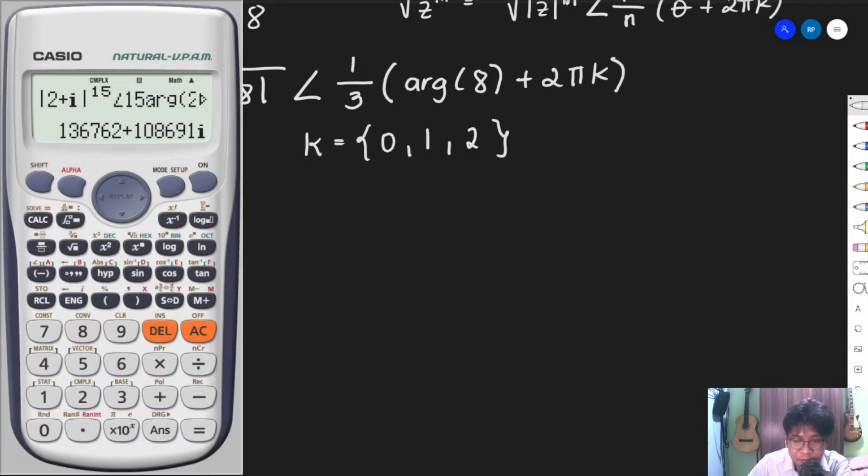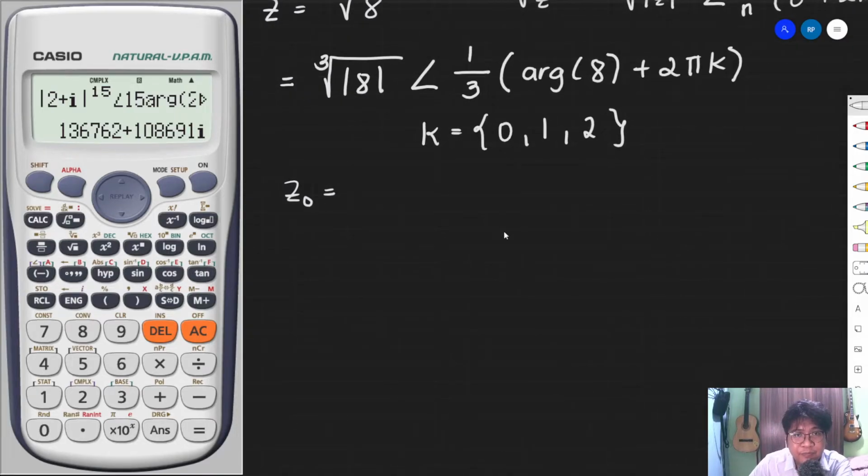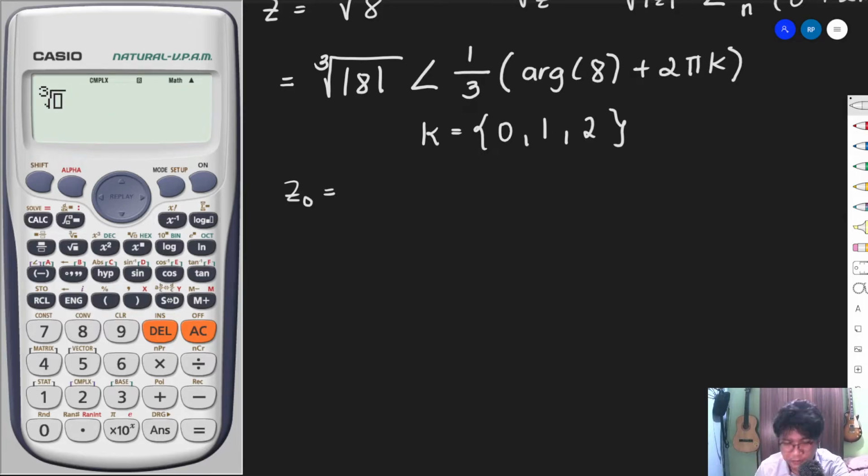Okay, so let's bring it out. We have here cube root, shift square root so the cube root appears. Then shift hyp 8. Okay.